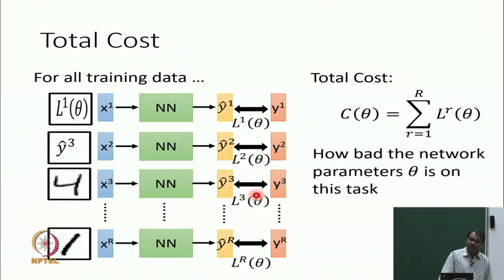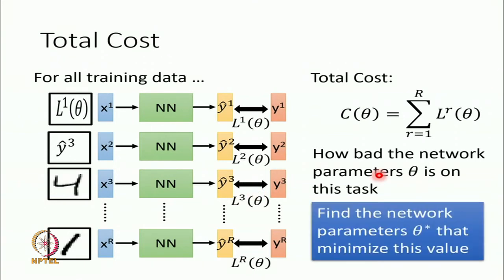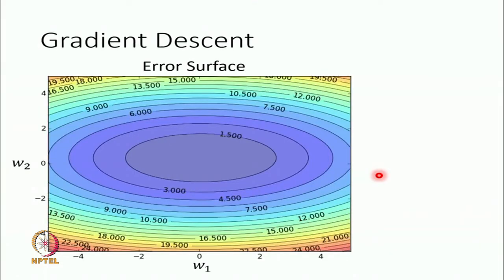And so I add over all the data points. This is typically done. We take each input as independent, and their contribution to the loss function is independent. Okay. So find the network parameters theta or theta star that minimize this particular loss function. That is sort of our goal, and we can do this by gradient descent.